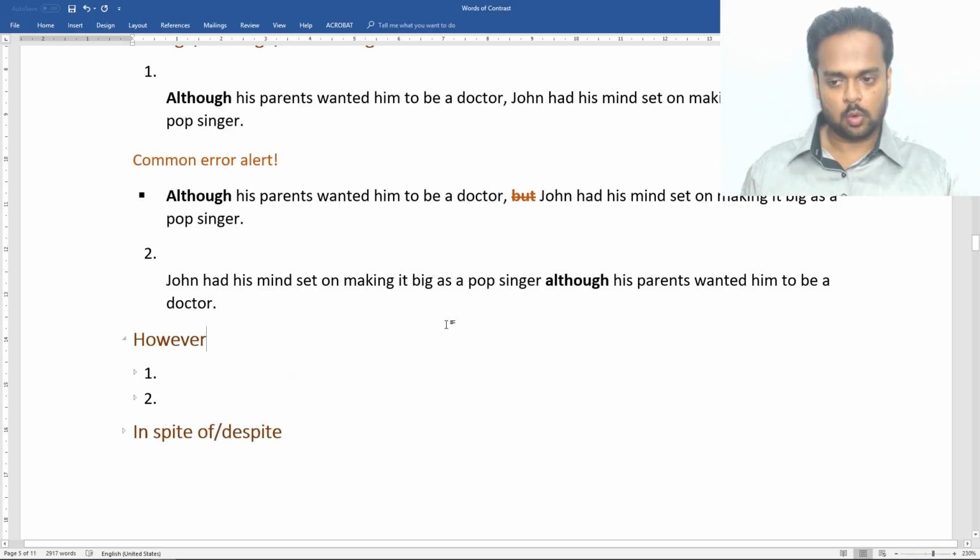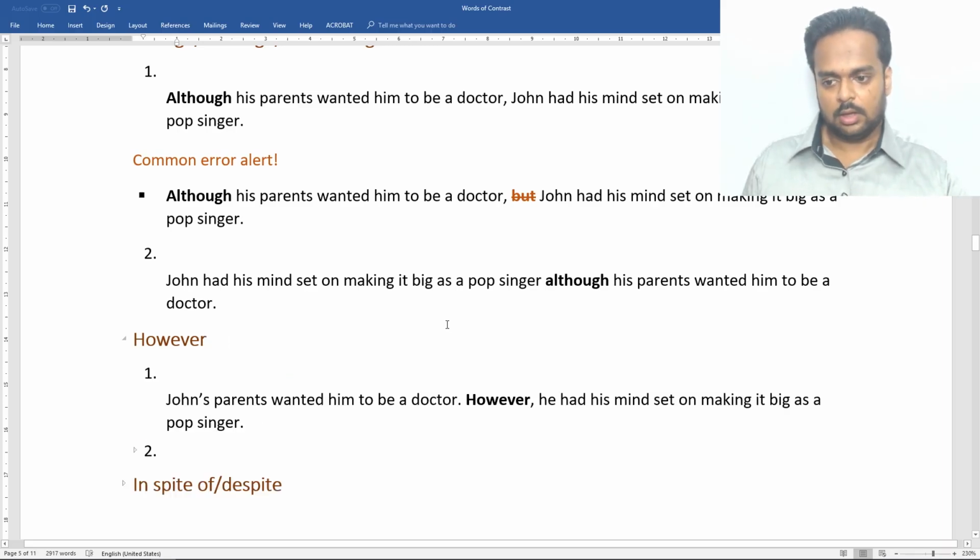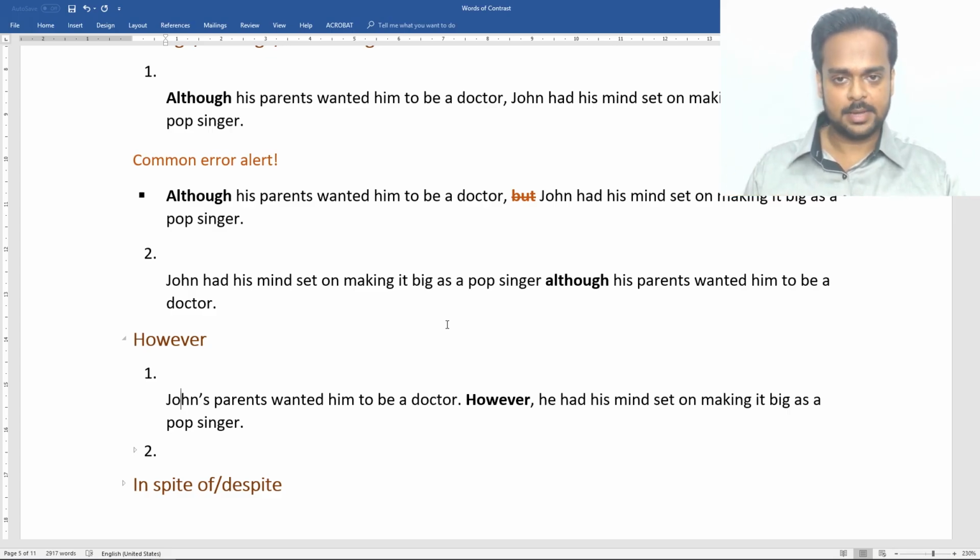However is also quite straightforward. John's parents wanted him to be a doctor. However, he had his mindset on making it big as a pop singer. And you probably wrote it like this. But there is a better option. You remember I told you that you can place however at different points in a sentence?